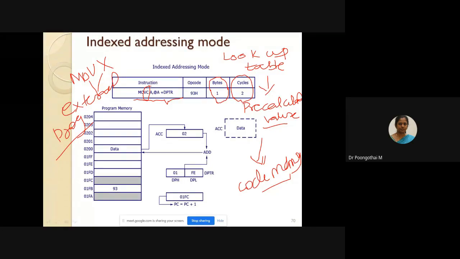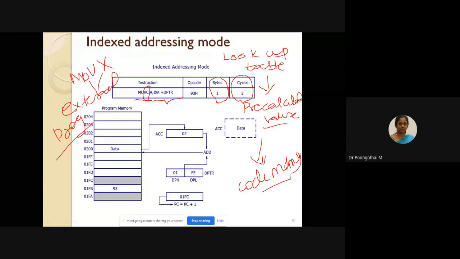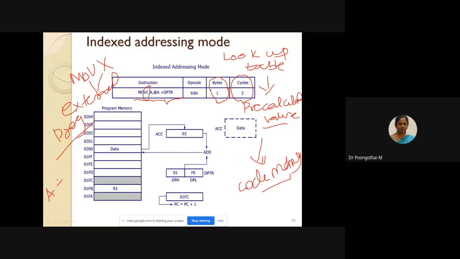According to this instruction format, first your accumulator content is added with DPTR. The addition results in new data, which is taken as the address of the source data. See, what is the first step? Your accumulator is added with DPTR.